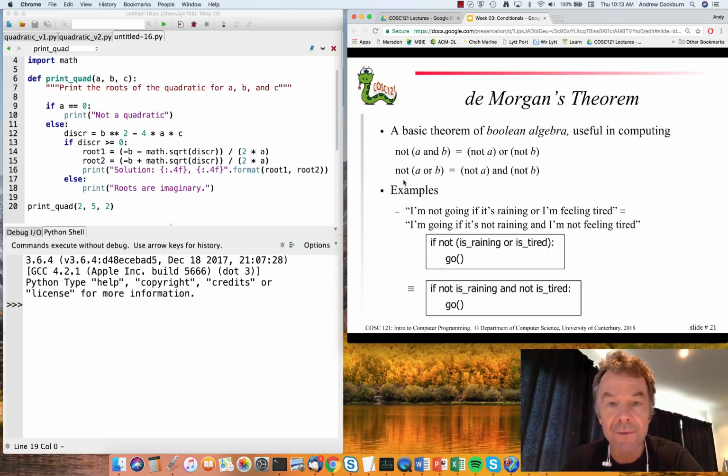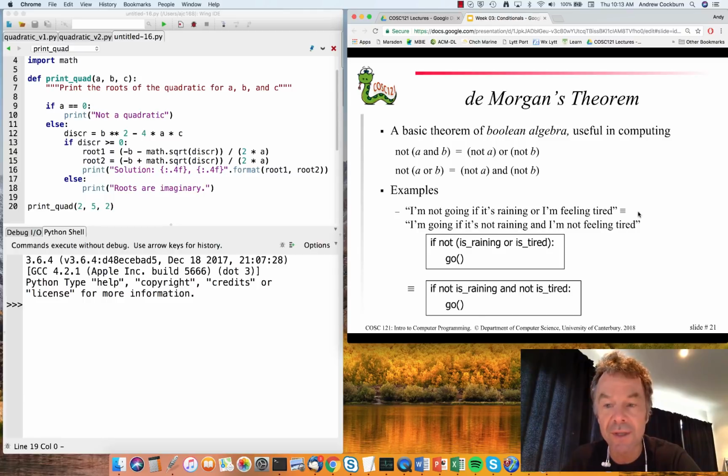So, the other of De Morgan's rules is not, brackets, A or B, is the same as not A and not B. So, for example, if you're thinking about the conditions that'll determine whether you go out tonight or not, you might be thinking, I'm not going if it's raining or if I'm feeling tired.